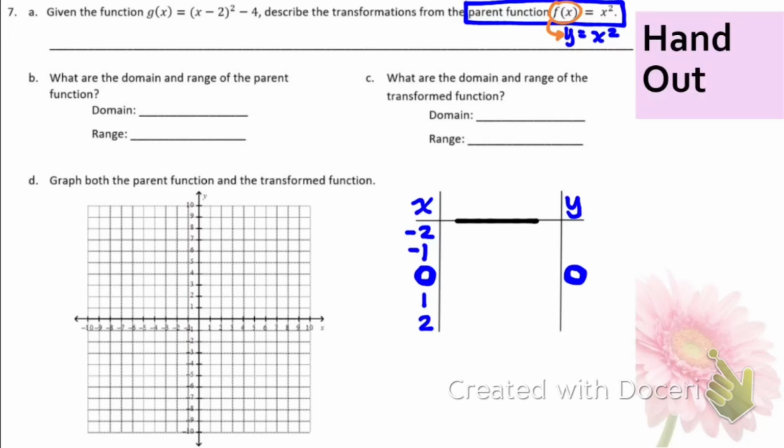What is -2 times itself? +4. What about when I do the next x value? If I do -1 times itself, we get a +1. What's the next thing I'm going to multiply by itself? +1. What's +1 times itself? 1.